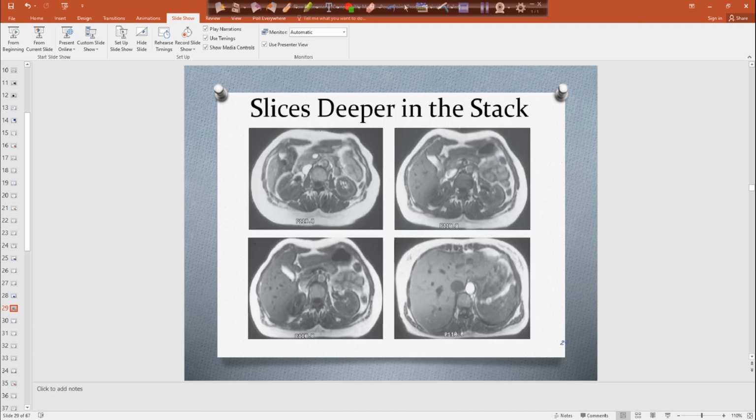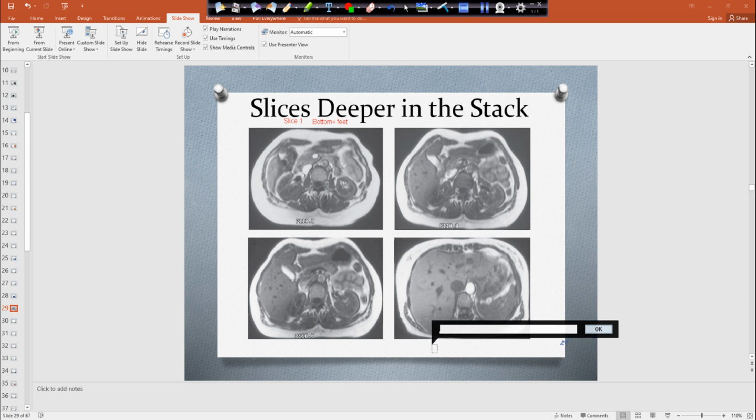So here's a great example of that entry slice phenomenon. So this is, let's say, slice 1 up top. And we are going from the bottom of the patient, or basically our feet.